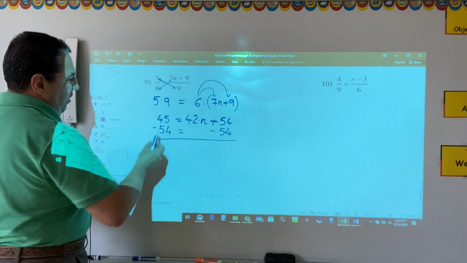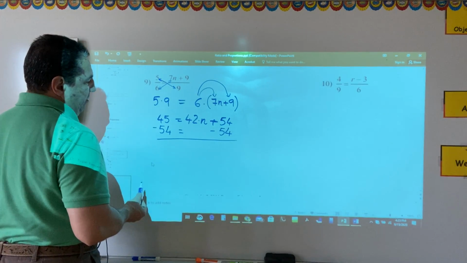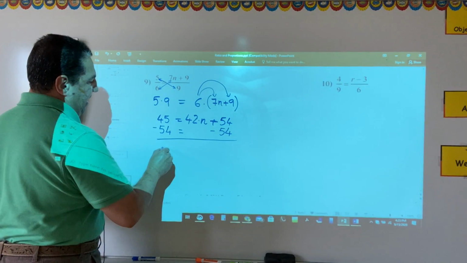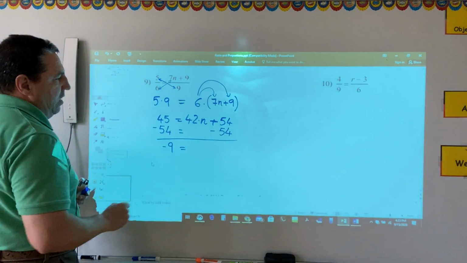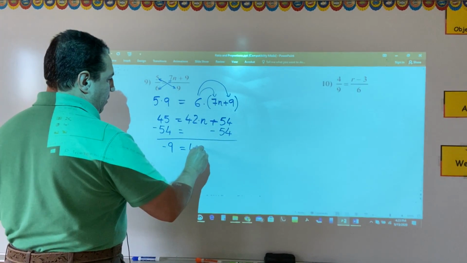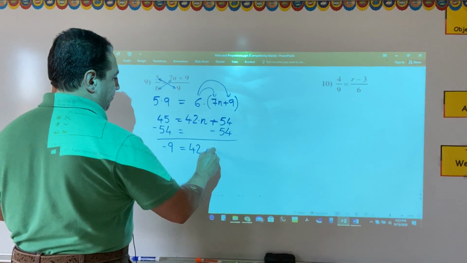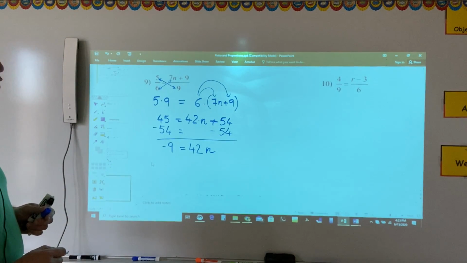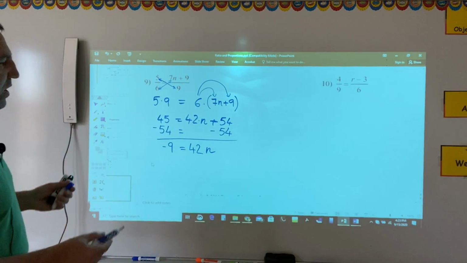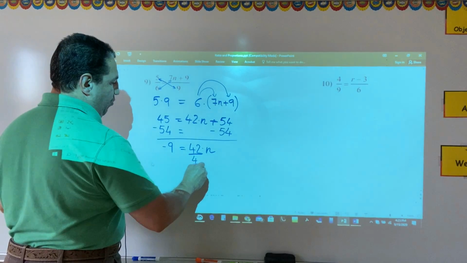So, if we subtract these numbers, you're going to get negative 9 equals 42n. Good. Next, we solve for n by dividing by 42 on both sides.